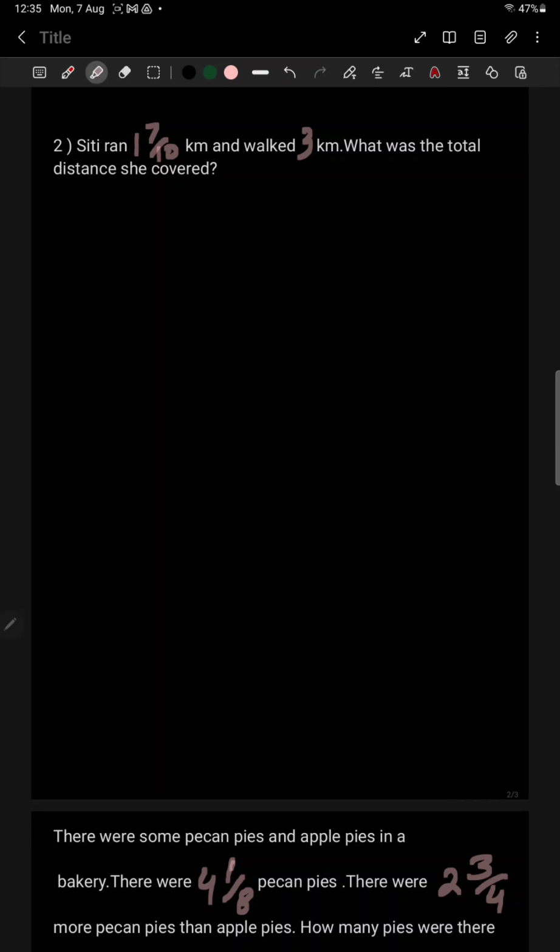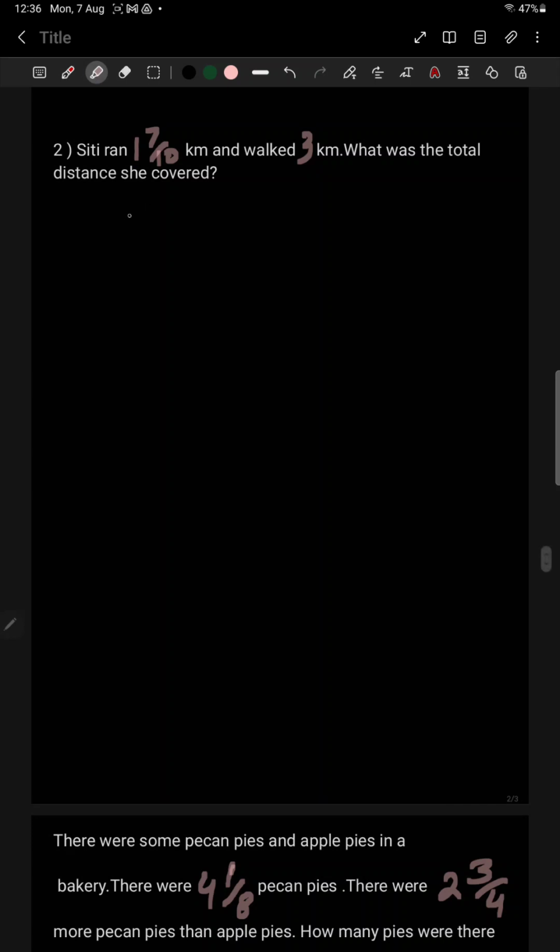The word total tells us that the answer will be bigger than the given numbers, and we get the bigger answer after adding. So 1 whole 7/10 plus 3, because this much she has run and this much she has walked. So we will add them.